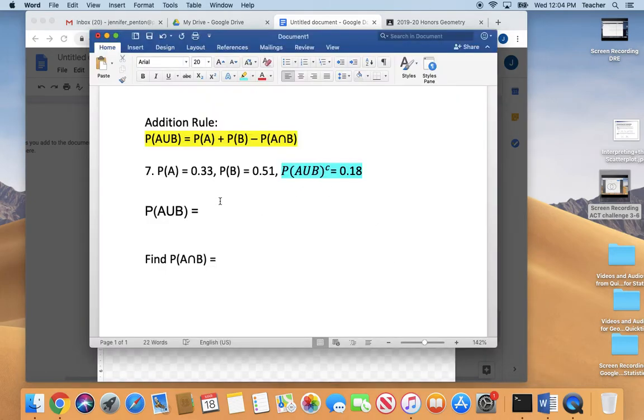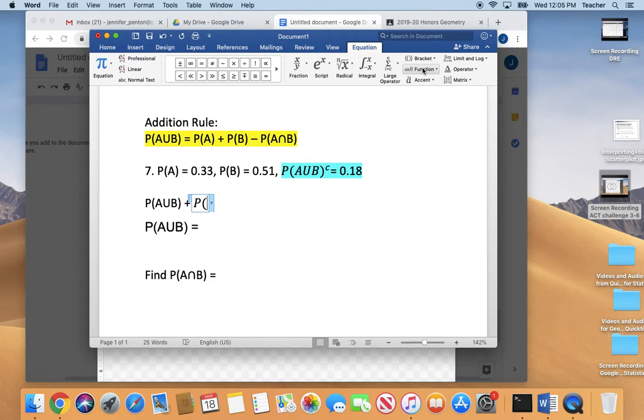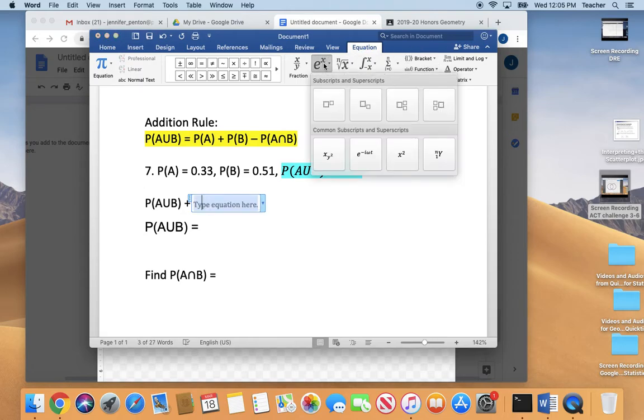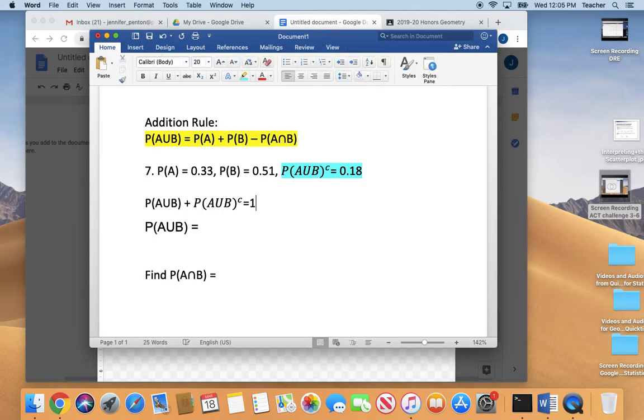So if you remember, the probability of an event and its complement, so not the event, is always equal to 1. So right up here I can say, okay, the probability of A or B plus the probability of the complement will be equal to 1, okay?